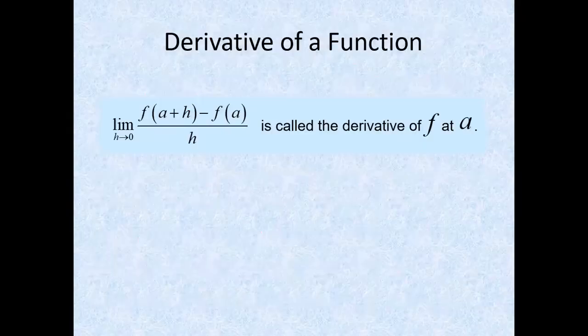So we have finally the definition: the limit where h tends to 0 of f of a plus h minus f of a all over h is called the derivative of f at the point a.